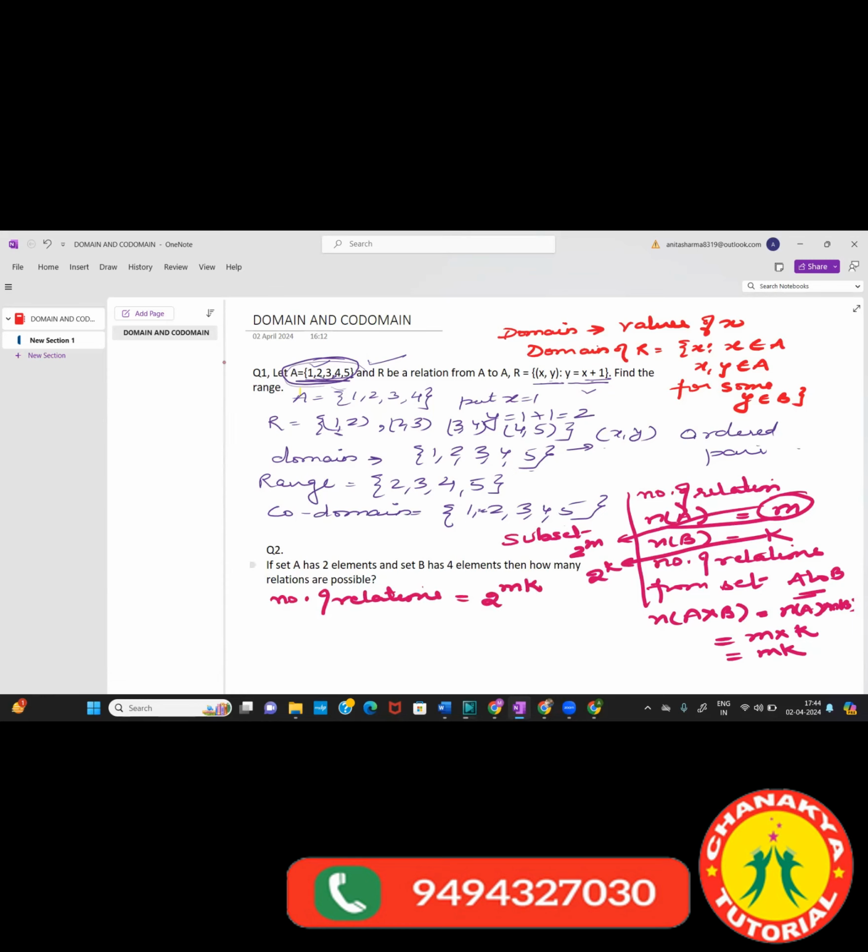Got it my point? Now see, in this question, if set A has 2 elements, so n(A) is equal to 2, and set B has 4 elements. So A × B has how many elements? 2 into 4, 8, beta, right? Yes, ma'am. So number of relations will be 2 raised to the power 8.